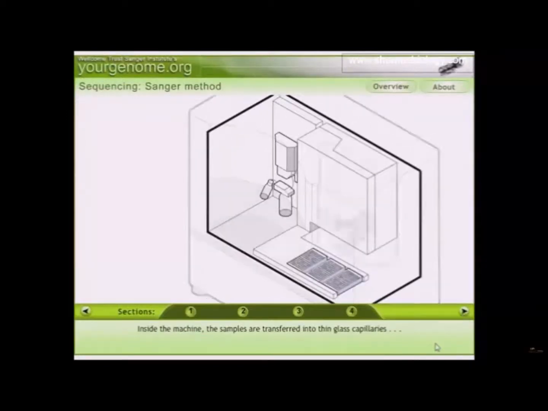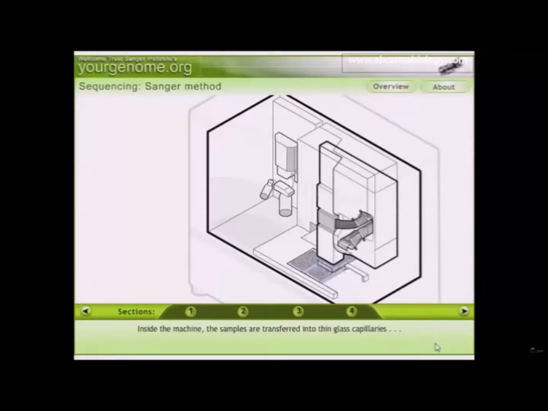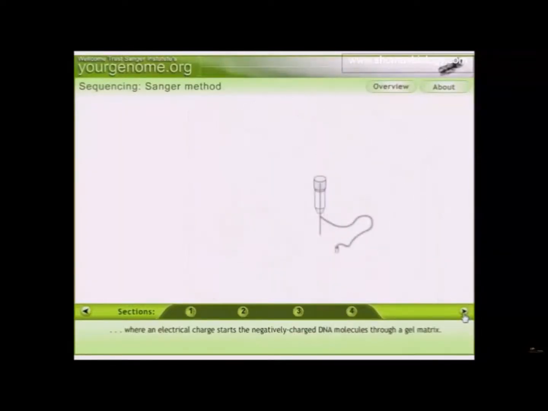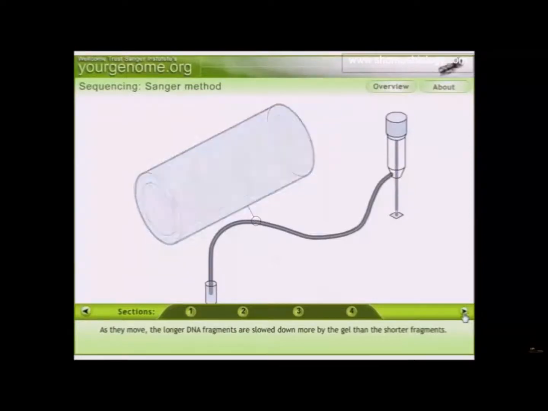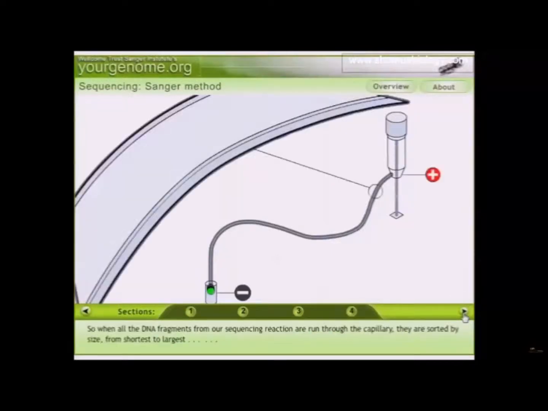Inside the machine, the samples are transferred into glass capillaries, where an electrical charge moves the negatively charged DNA molecules through a gel matrix. As they move, the longer DNA fragments are slowed down more by the gel, and the shorter fragments migrate further in this run.